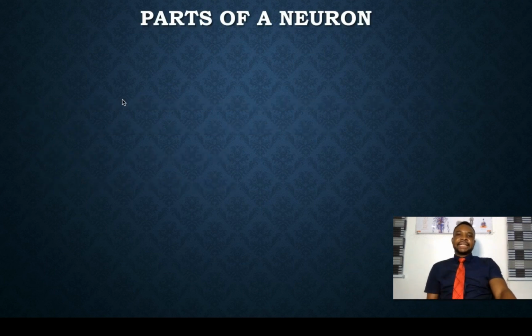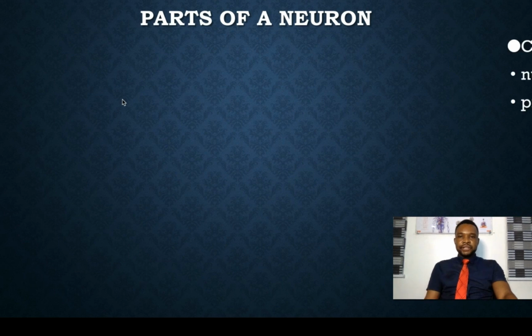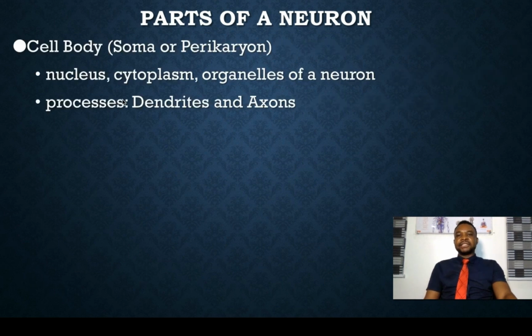Now, let's go straight to the parts of the neuron. We need to know the various parts of the neuron. The neuron is made up of two particular parts. We have the cell body and the processes. The cell body, which is the soma or perikaryon, is made up of the nucleus, cytoplasm, and the various organelles.